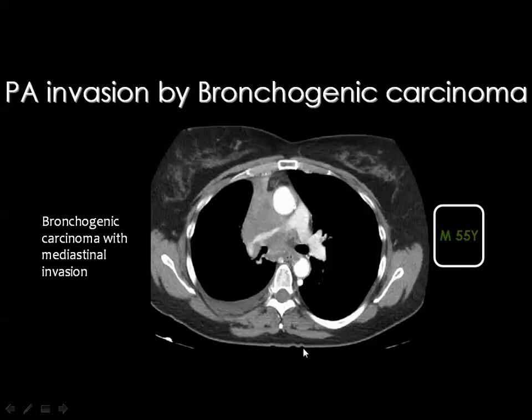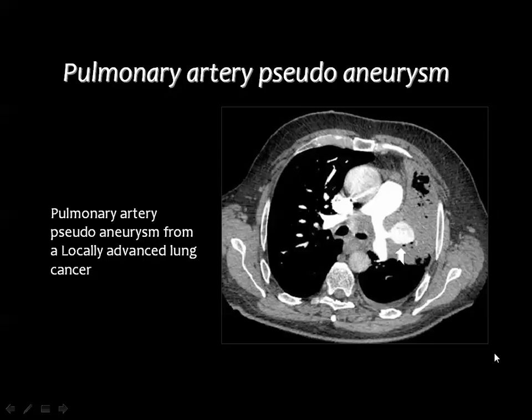And this is another example of a central type bronchogenic carcinoma invading the mediastinum, encasing the right main pulmonary artery, reaching the carina. Diagnostic of invasion of the pulmonary artery by a bronchogenic carcinoma.